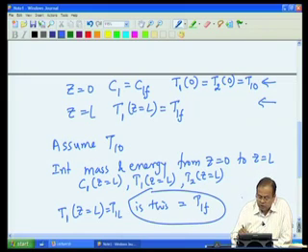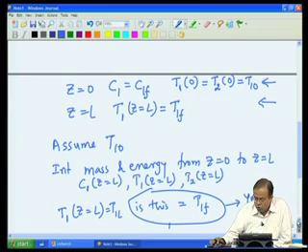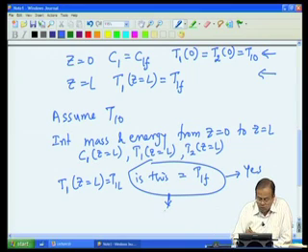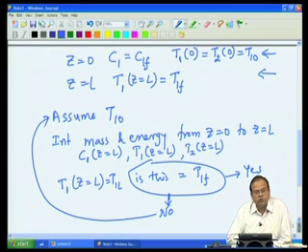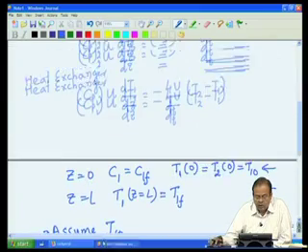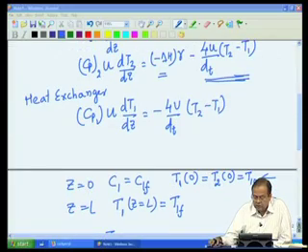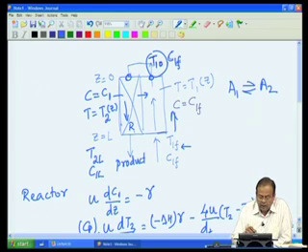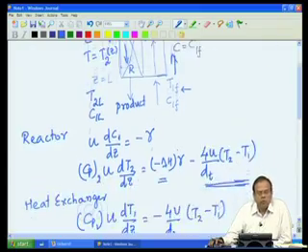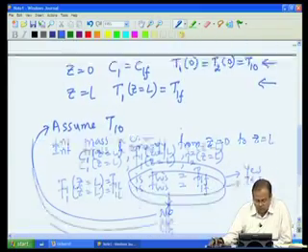If the answer to this question is yes, I have solved my problem, but if the answer is no, that means my initial guess of T10 was not correct. So, I will go back, make another assumption on T10 and go on repeating this process till T1 at z equal to L matches with T1F, and that is how I will numerically solve this problem.